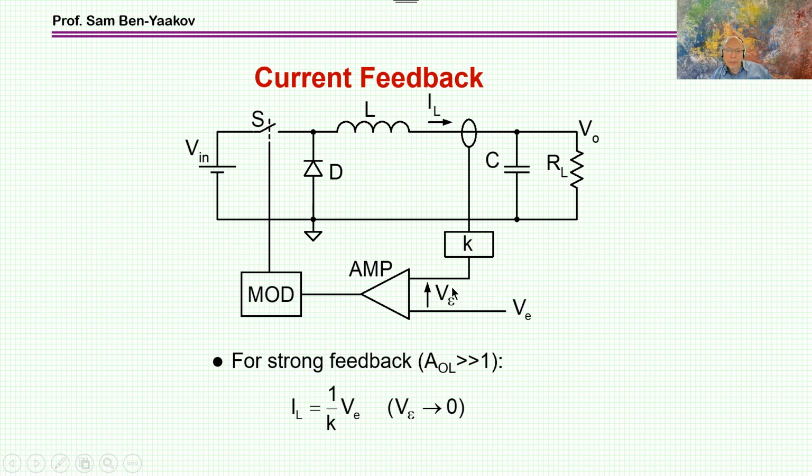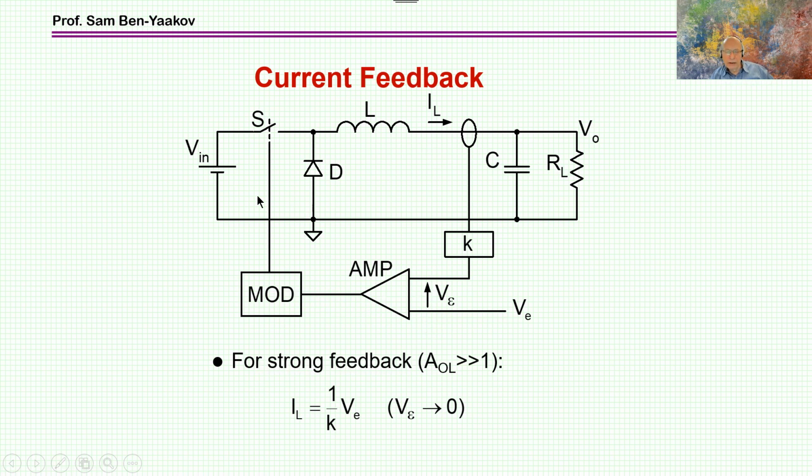And then we compare this signal to what I'll call a reference, because it's going to change, but let's assume it is a reference. So we are comparing the two, producing an error signal, which is activating the modulator such that the error here will be reduced like in any feedback system.